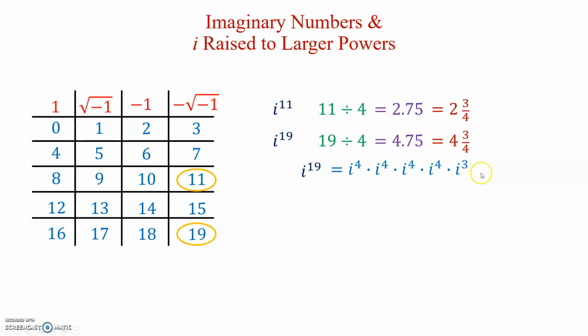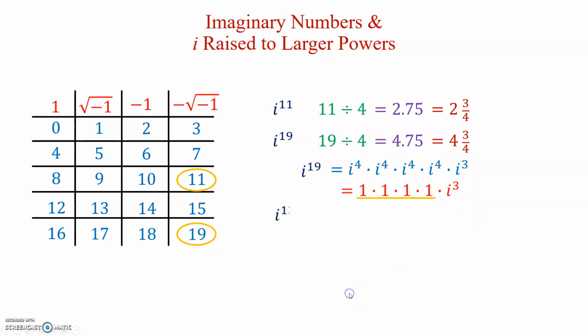And I got 3 I's left over, 3 of the 4 left over. So this is what the answer is actually telling us with respect to the number of I's. It shows 1 times 1 times 1 times 1 times I to the 3rd.